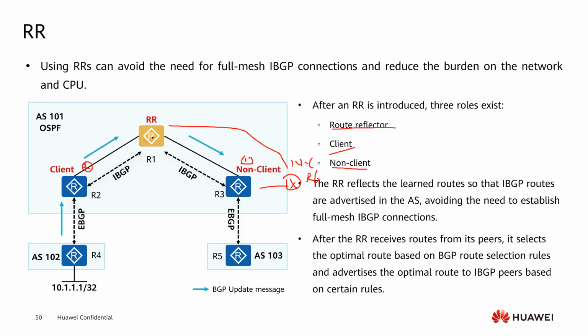And last, if the RR receives the route from an eBGP peer, the RR will select and advertise the optimal route to all its clients and non-clients. So there are 3 rules for the RR to advertise the route.